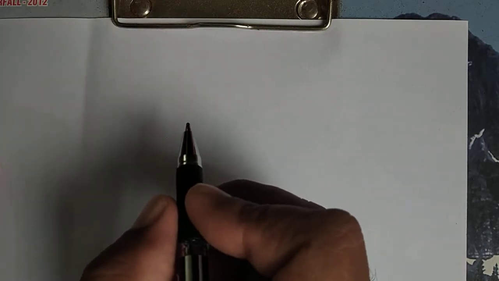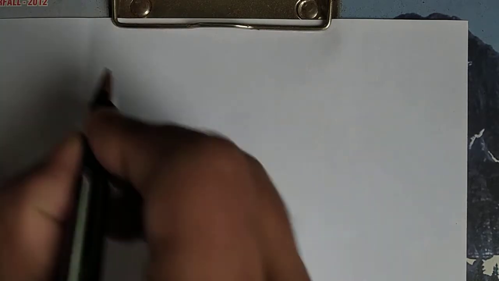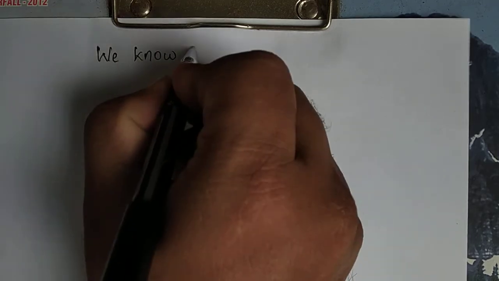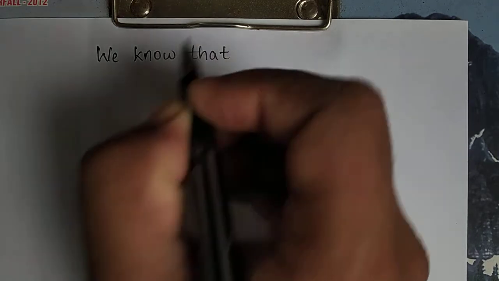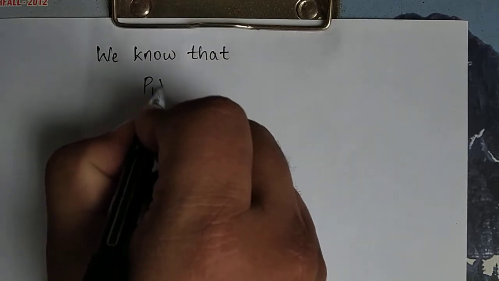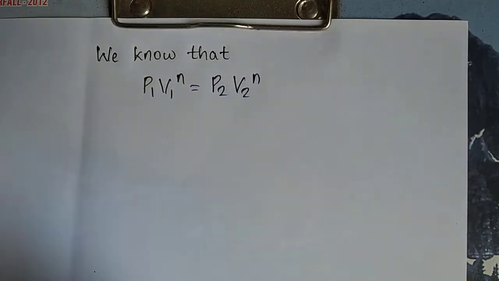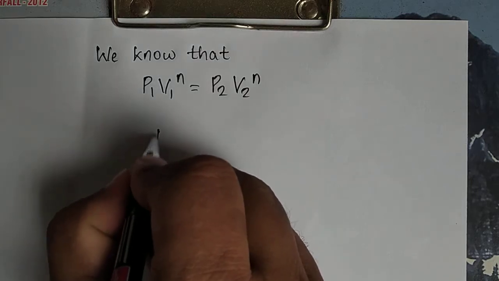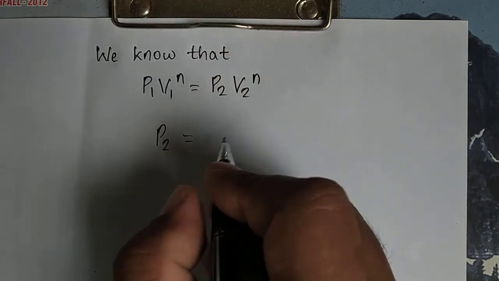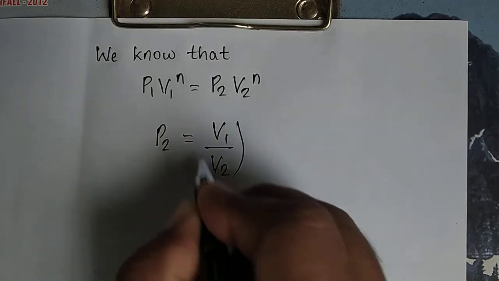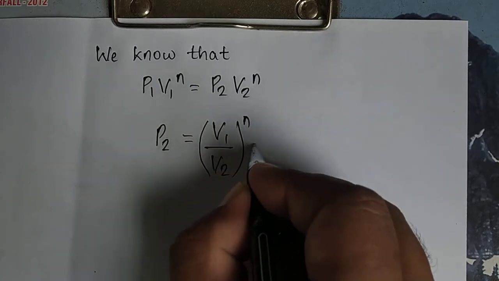So let us take first the PVT relationship. We know that P1 V1 to the power n is equal to P2 V2 to the power n. So to find out the value of P2, P2 will be equal to V1 by V2 whole raised to n into P1.